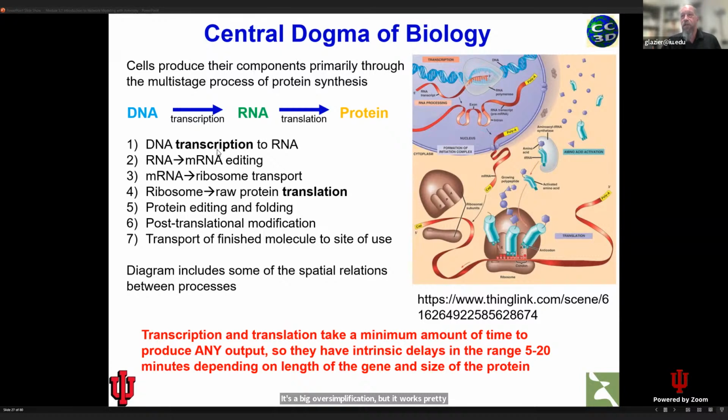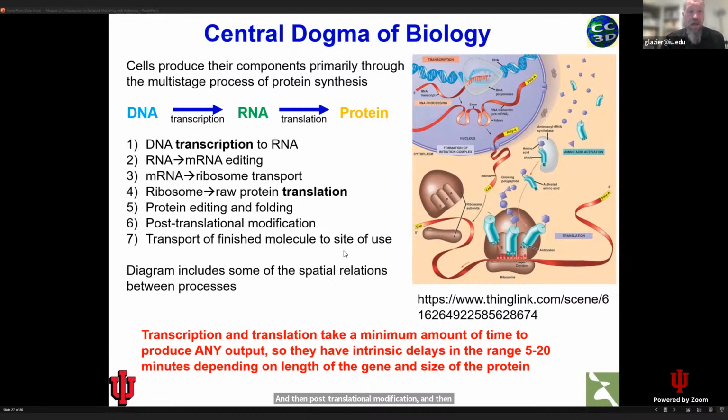In fact, you have DNA transcription to RNA with RNA polymerases. RNA to messenger RNA, editing out of introns, adding a poly-A tail to the RNA, RNA transport to the ribosome, ribosome translating into a raw protein, and then protein editing and folding, and then post-translational modification, and then transport of the finished molecule to the final site.